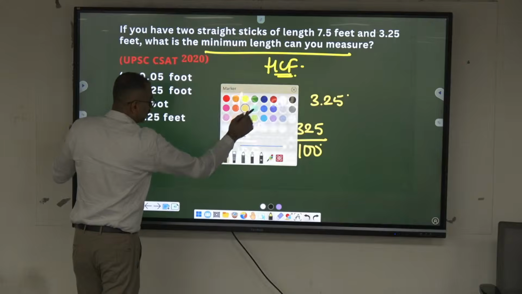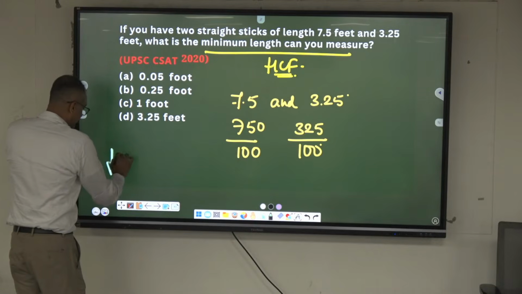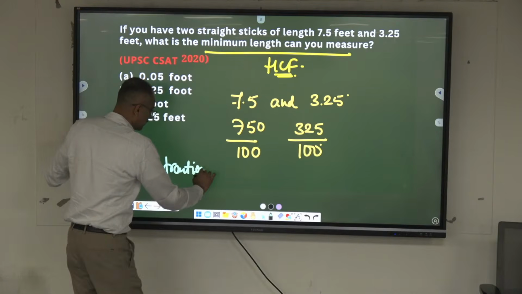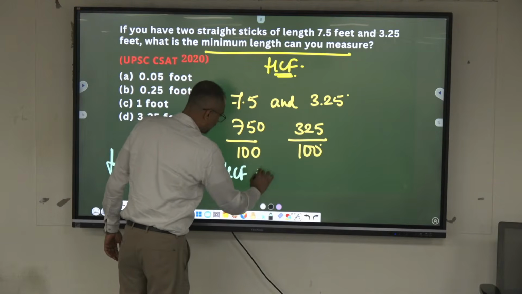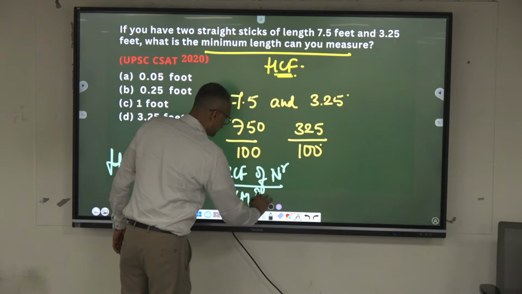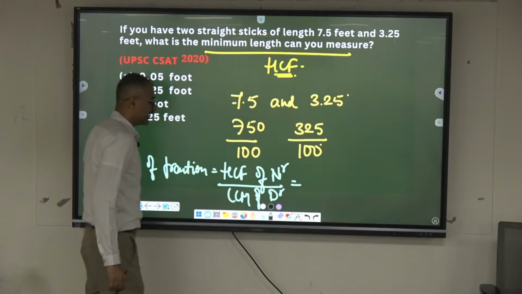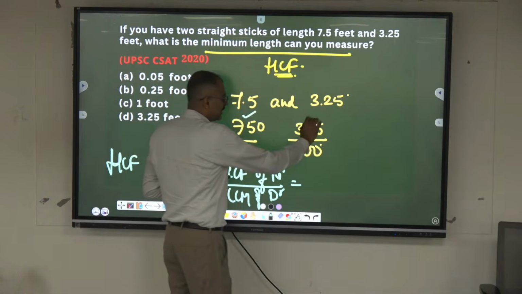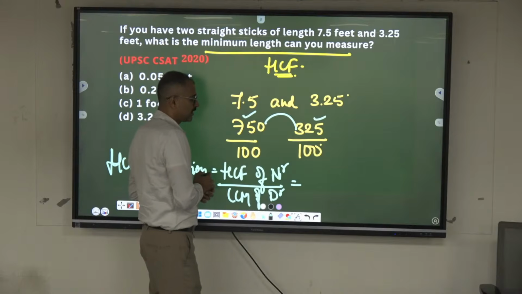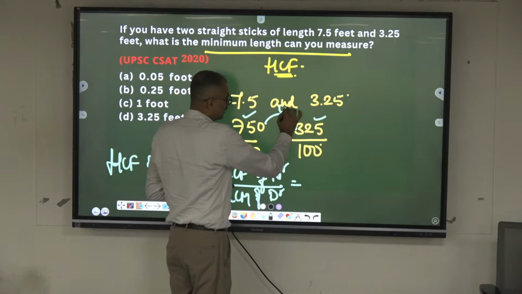Now we can apply that: LCM, HCF of fraction is equal to what? HCF of numerator by LCM of denominator. Okay, HCF of the numerator 750 and 325. What is the difference between these two? 425.